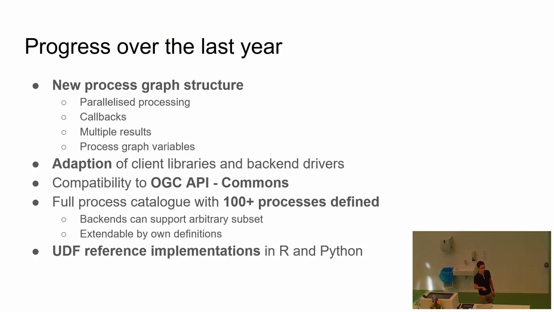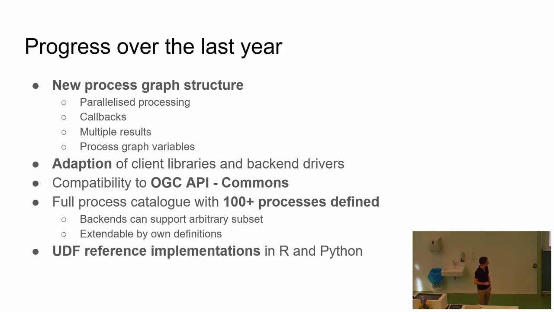So we put a lot of work into selecting the processes that are needed and defining them in a way that they are not ambiguously interpreted, and in the hope that the backends implement them as detailedly as he defined them, so that indeed this vision of having the same results on different backends can become reality.